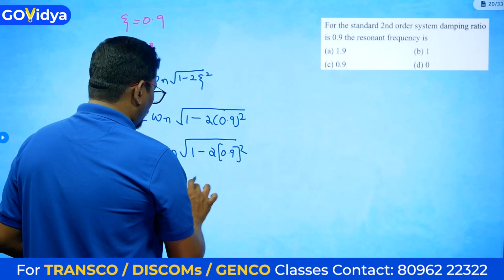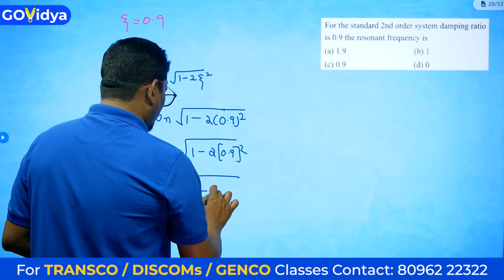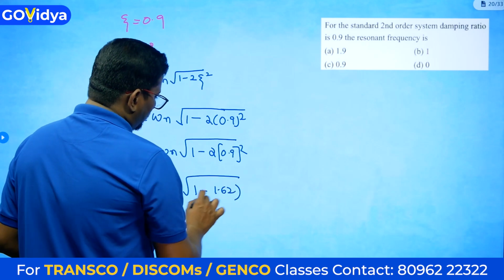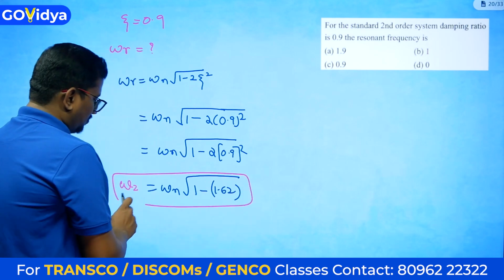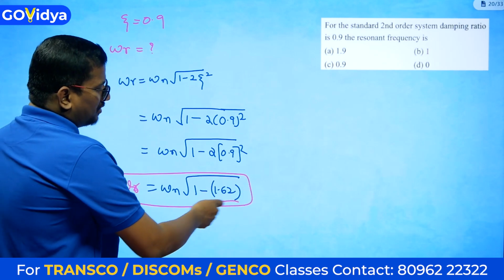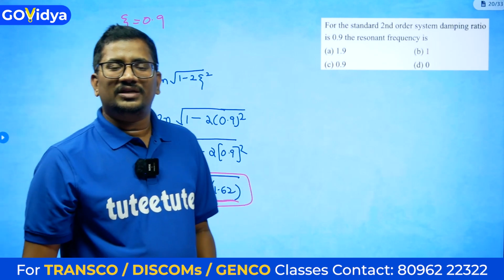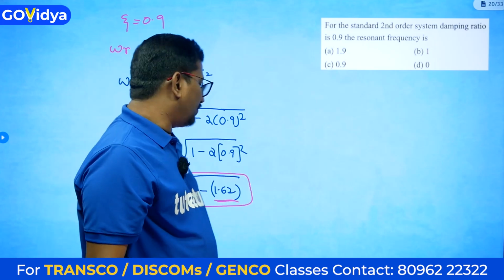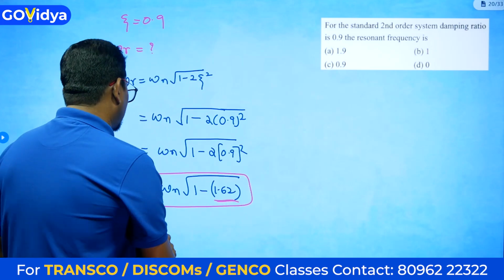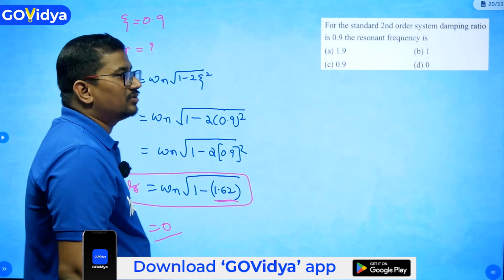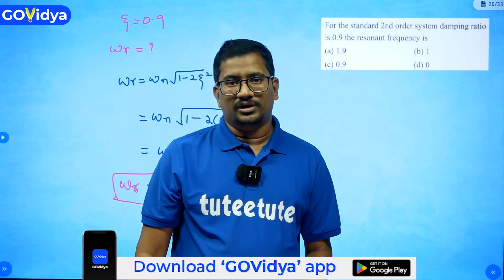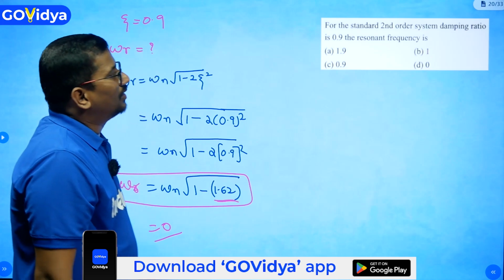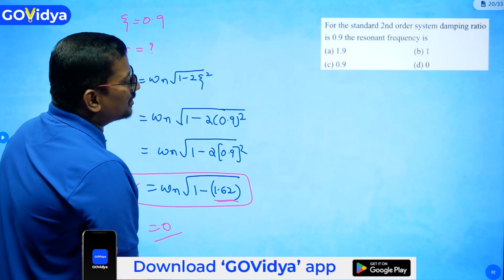Omega n into root over 1 minus 1.62. So the omega r value is not possible here, because this value is giving negative, and obviously you cannot calculate imaginary parts. So it does not exist, therefore this value will be straight away 0. You cannot consider imaginary frequencies, so only the 0 frequency we are going to consider. Okay. Now let us see another question.